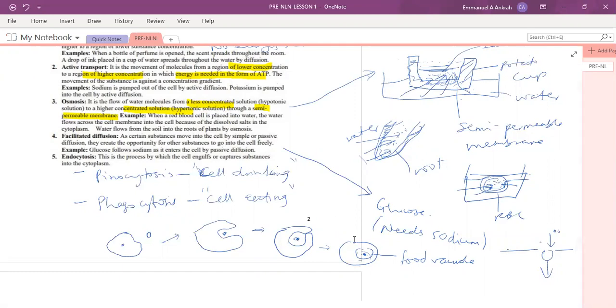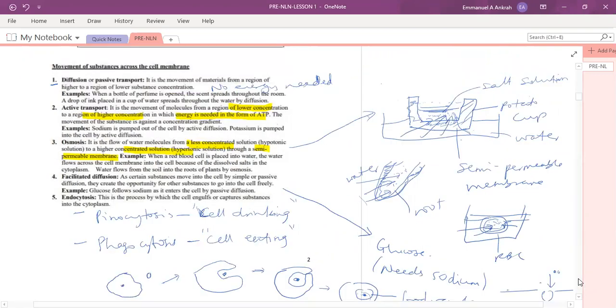Okay. So for the movement of substances across the cell membrane, try and know that very well, in the cell structure and function. They always ask questions on that, always. Does anybody have any question on the movements? No. Okay, so far so good.